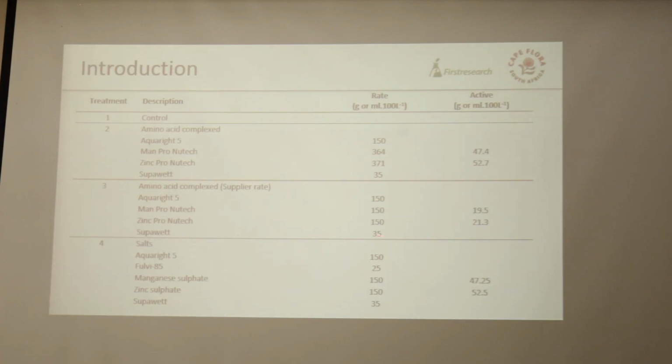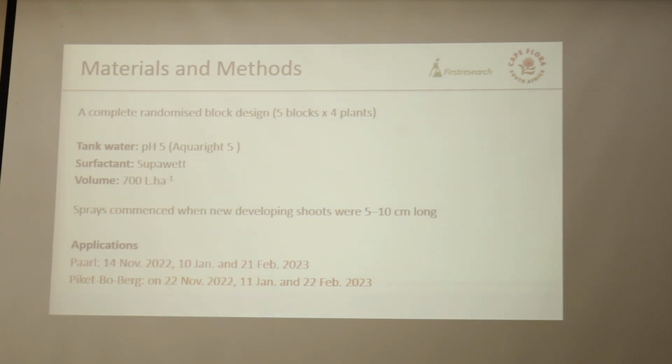So okay, interesting. But then I also decided, well, I'm going to do a higher rate amino acid just for reference, and use this similar rate to what we would on the traditional sulfate. So that's just a higher rate. It's same as the salts, and then there's a supplier rate amino acid. That's all you need to know about that slide.